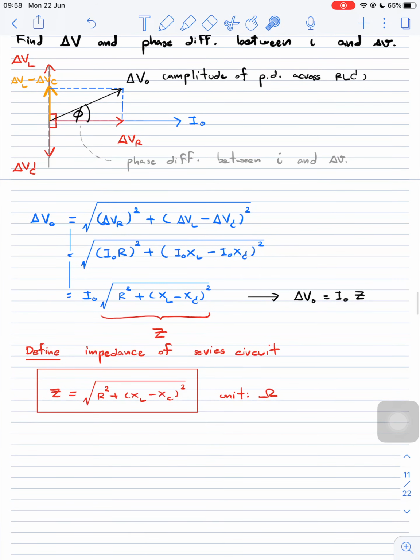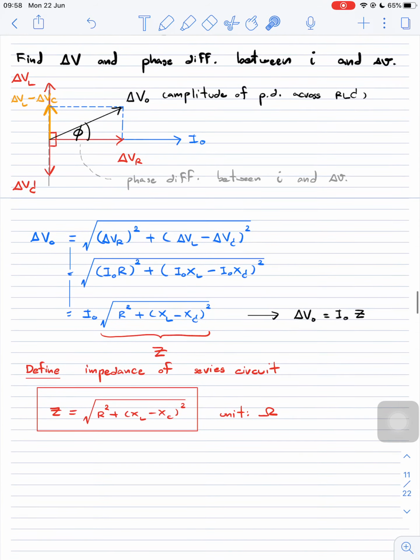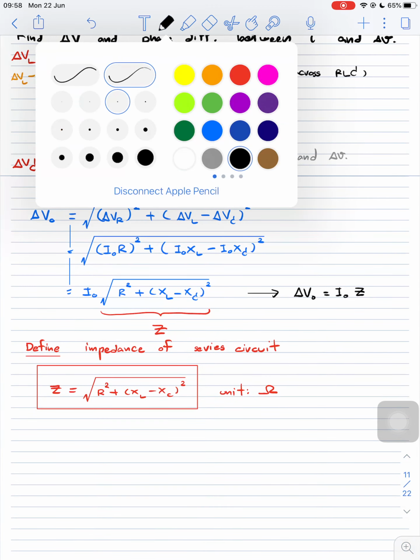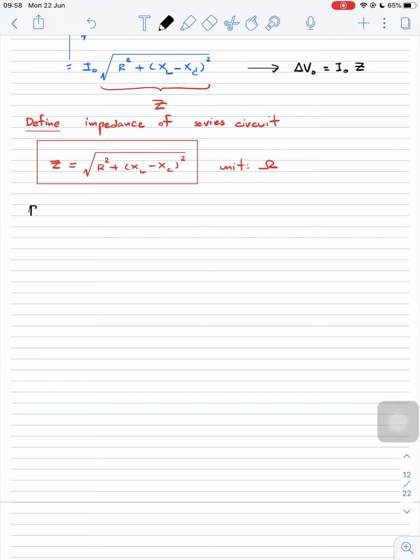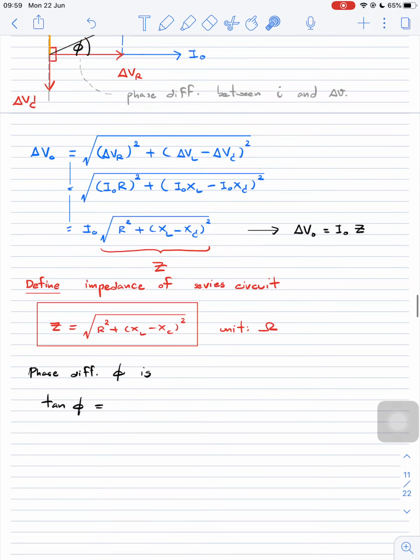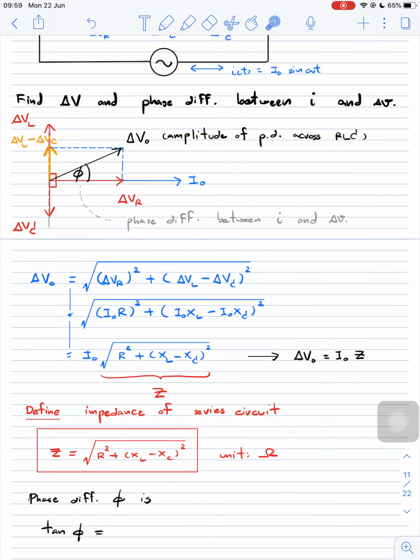Then later on, let's consider the phase shift, the phase difference between the current I and this delta V. We can use the tan phi. The tan phi equals the opposite over the adjacent, right?